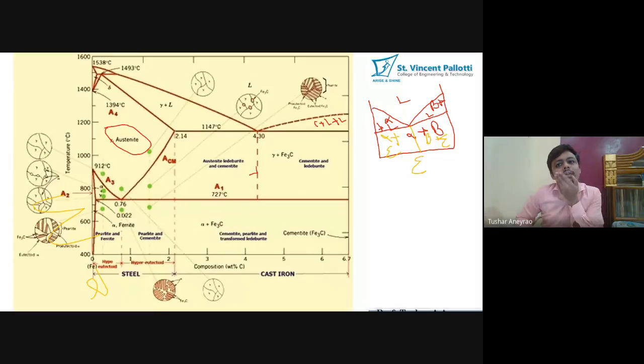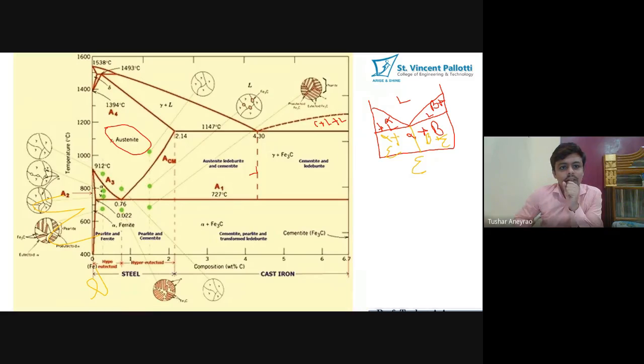Okay, ledeburite, the first L is for ledeburite, another L is for liquid. Then here austenite is present. This austenite is very easy to remember, so here it will be what? Austenite plus liquid, right? Then you can see we have seen only one reaction, that is the eutectic reaction here.